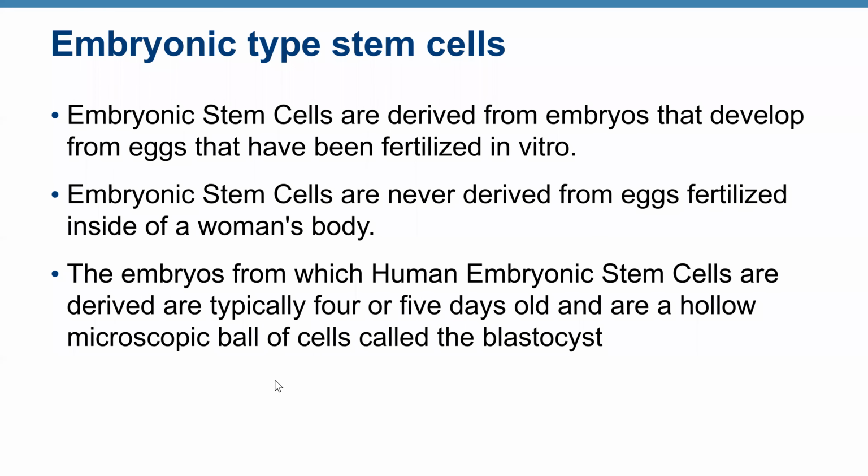So yeah, we're talking about embryonic stem cells, right? And we said, well, where can we get them? Because those are really very important cells in our health and our well-being. Well, we have embryonic stem cells, but just remember, we never use an embryo inside a woman's body. We use an embryo that was created in vitro.